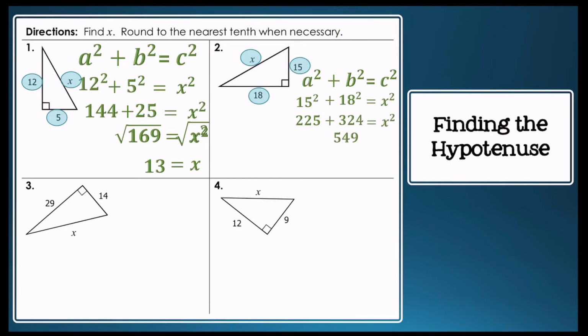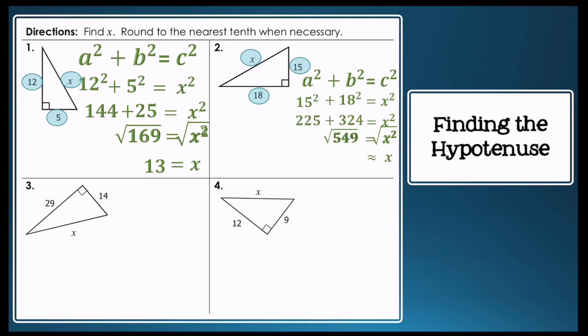Then when I add these two together, I get 549 equals x squared. How do I undo a square? This is what we started our school year with. I undo a square by taking its square root. So the square root of 549 and the square root of x squared. I take its square root. That's going to leave me with just x. Now, you notice my equal signs kind of change. It kind of looks like squiggly lines.